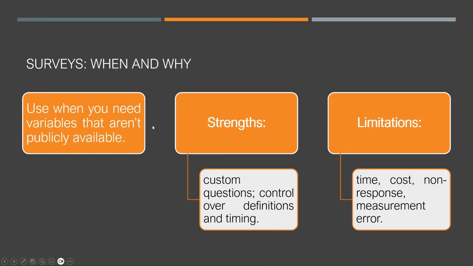So, first of all, we'll talk about a survey. When we talk about a survey, what is it about? Normally, when we are referring to a survey, you are going to collect data from scratch.